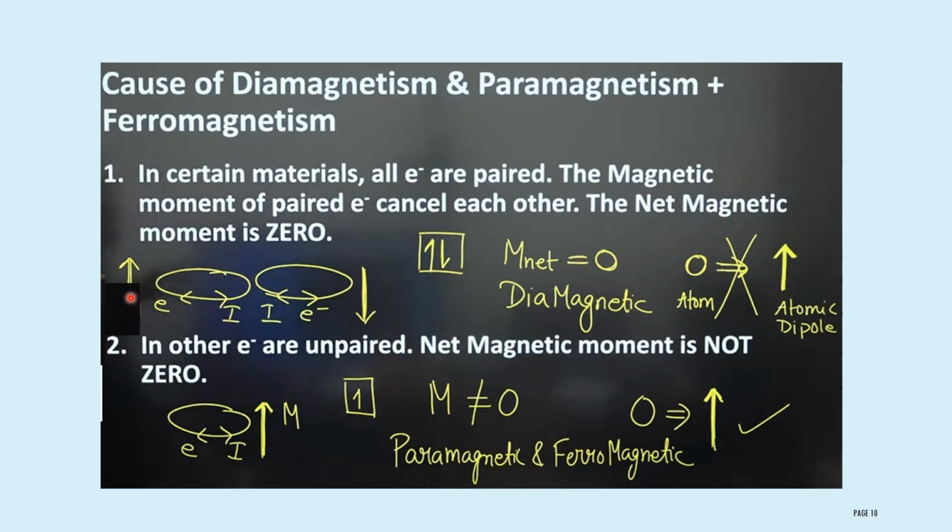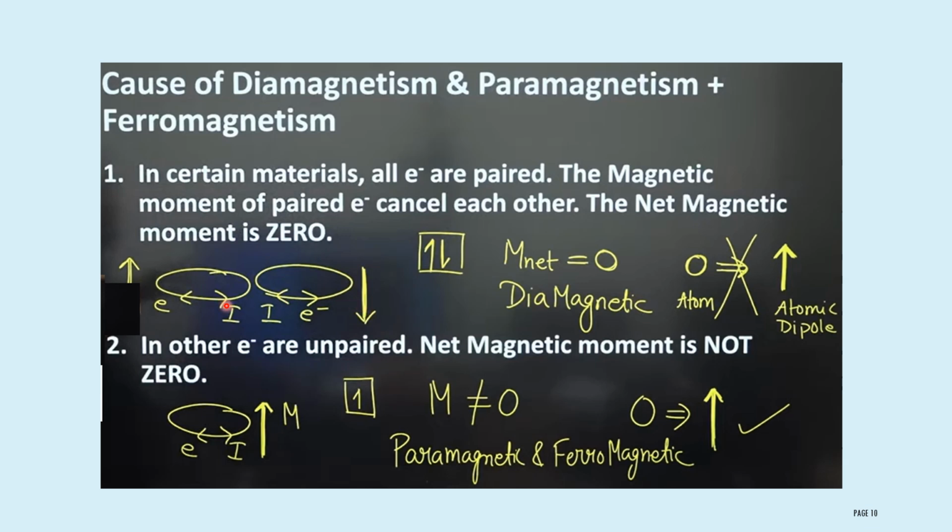The magnetic moment generated by the first electron is indicated by an up arrow. For the second electron, consider this is the direction of motion. The current loop will be generated in the opposite direction, in this direction. The magnetic moment generated here is indicated by a down arrow.